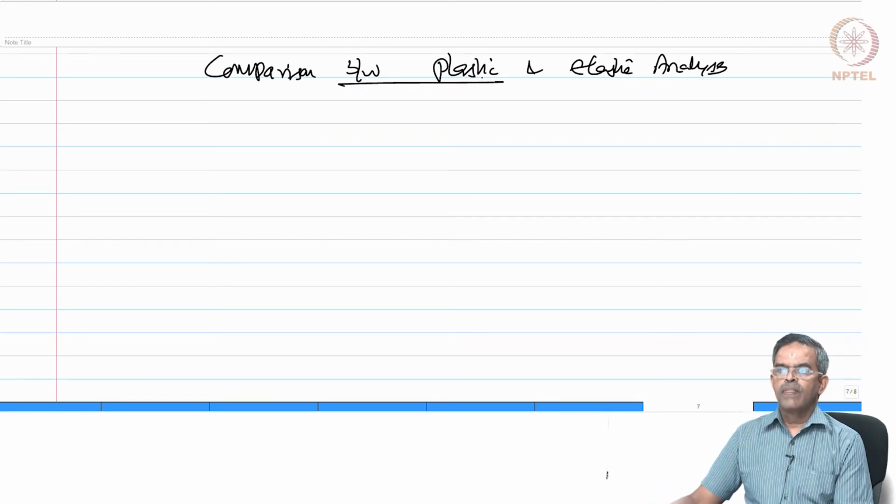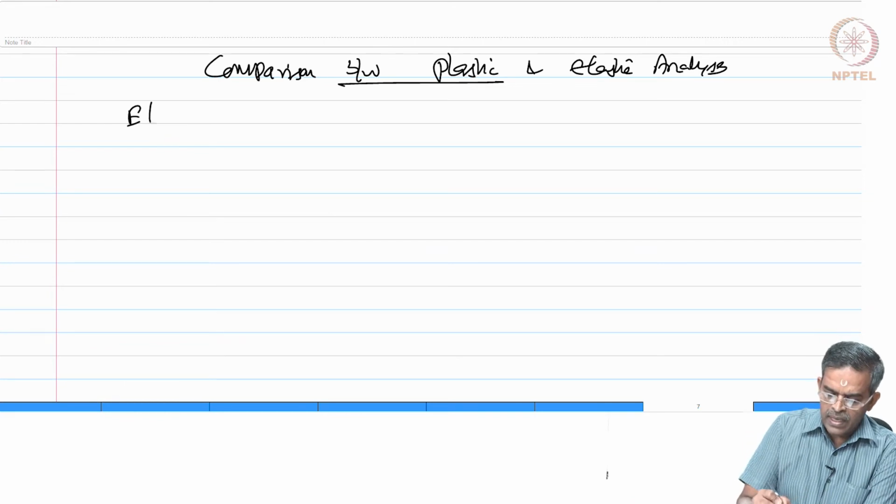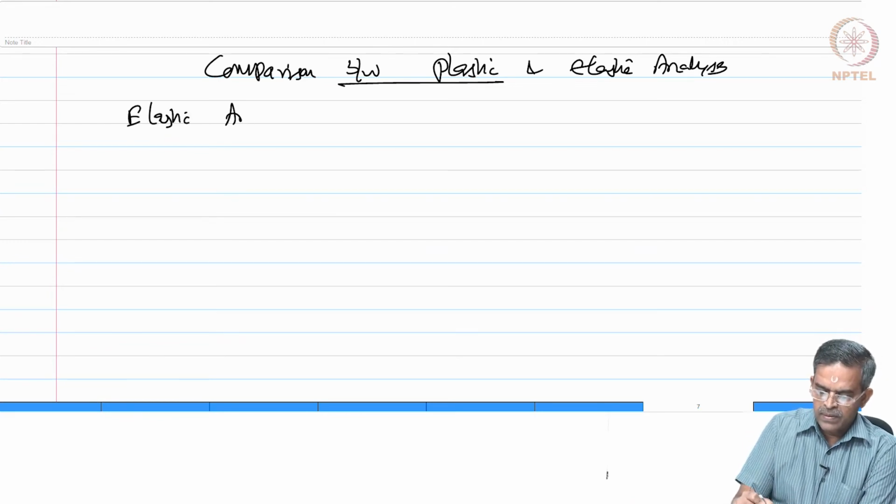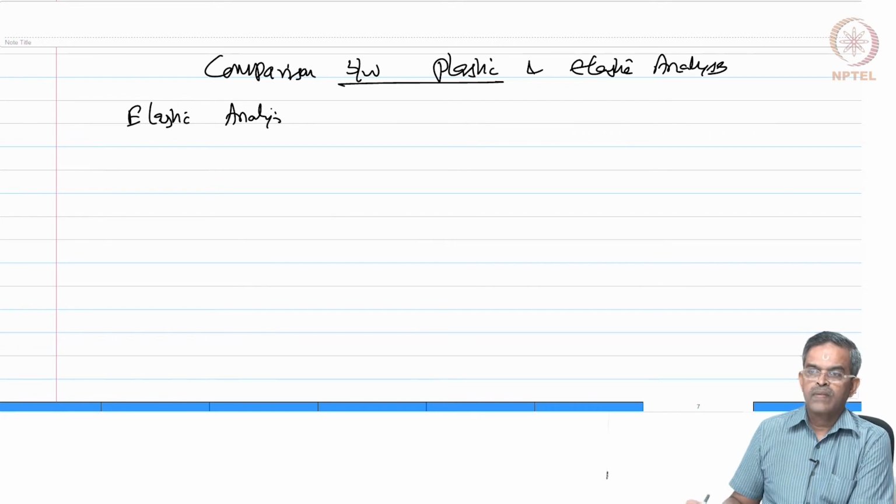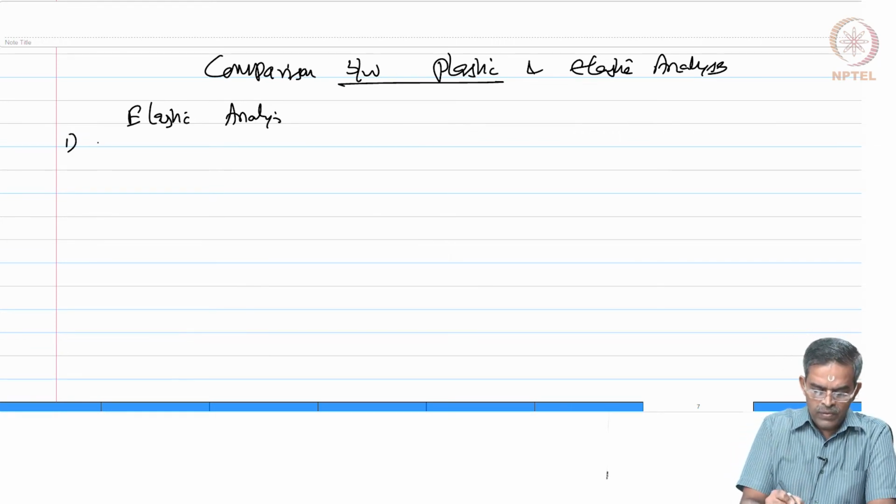Okay. Let us say in elastic analysis, what we do is, we first satisfy something called equilibrium condition.